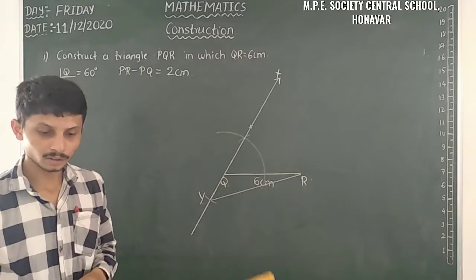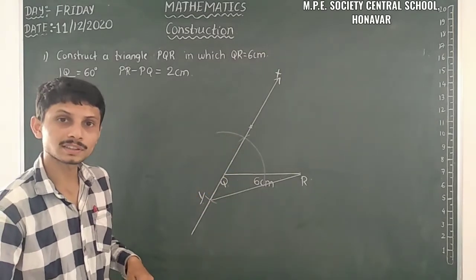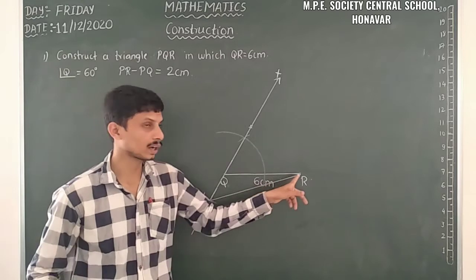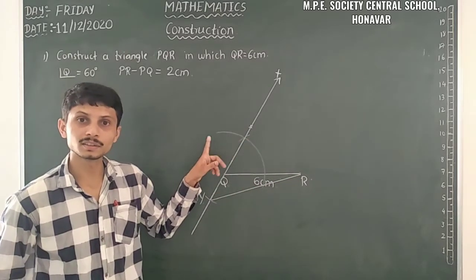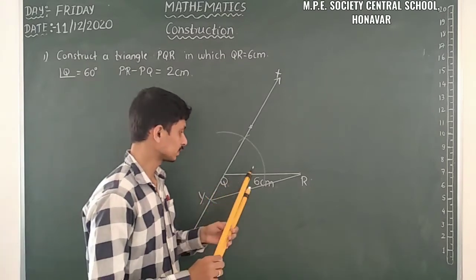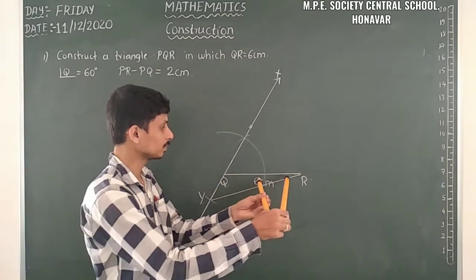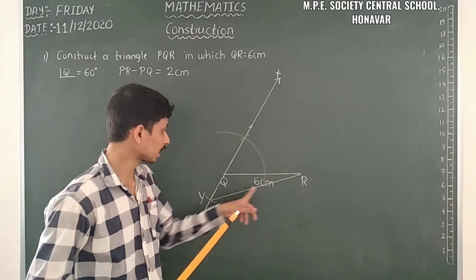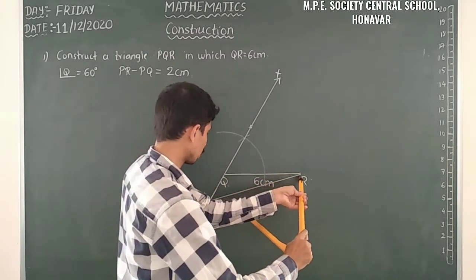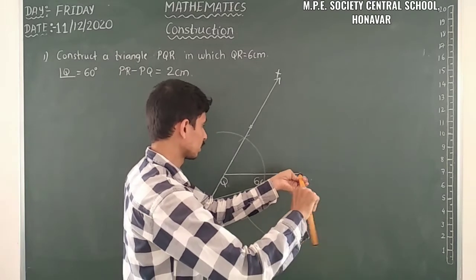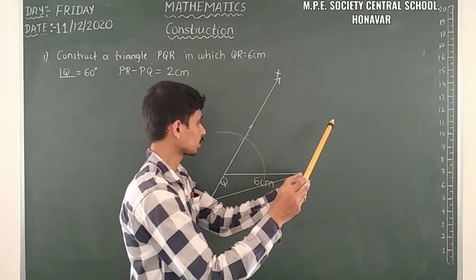Yes. Then we have to construct a perpendicular bisector of this YR which intersects QX at a point A. So let us take that one. Perpendicular bisector means we have to take a radius more than half of this YR, and draw two arcs on both sides of the line.